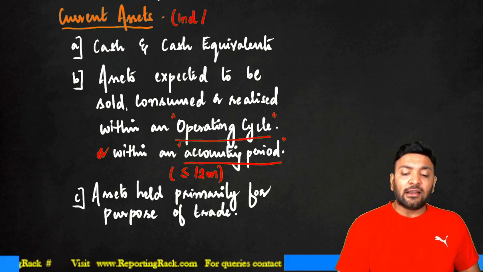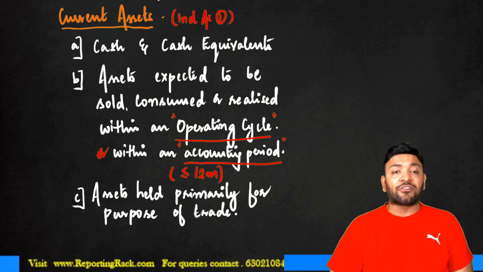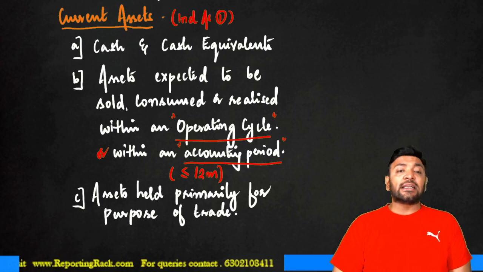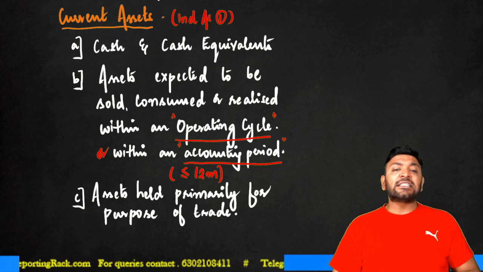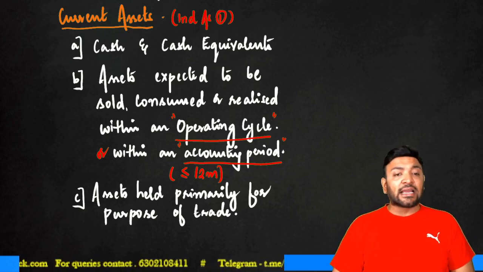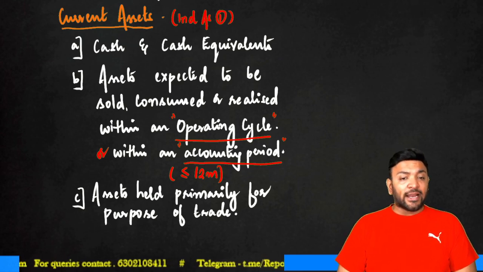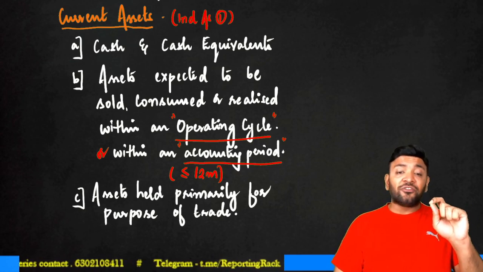Current asset is defined under Ind AS 1. Even it is defined under Schedule 3 of the Companies Act as well. So current asset includes cash and cash equivalents, assets expected to be sold, consumed or realized within an operating cycle or within an accounting period, or assets which are held primarily for the purpose of trade.